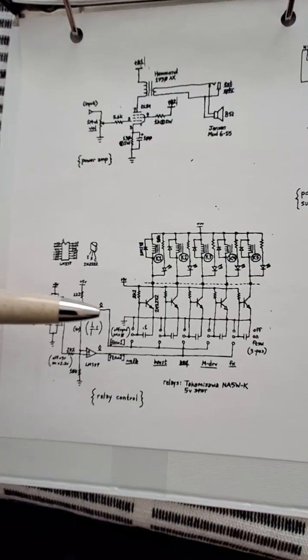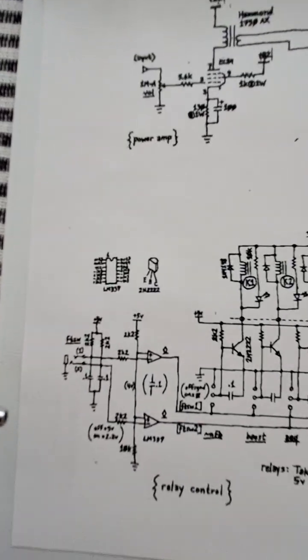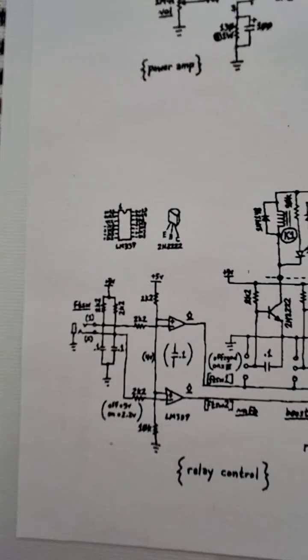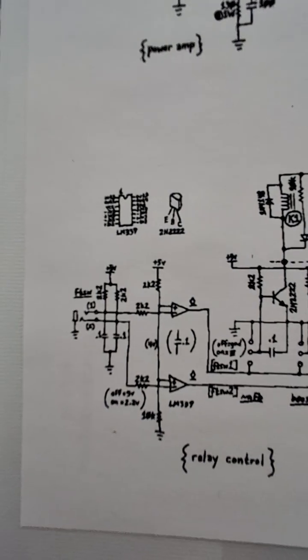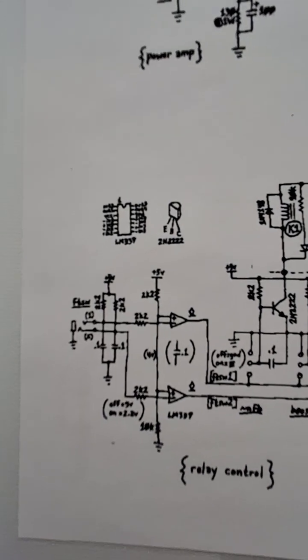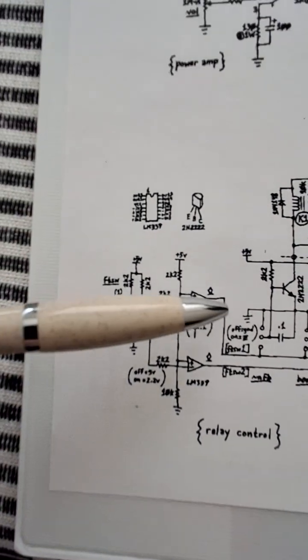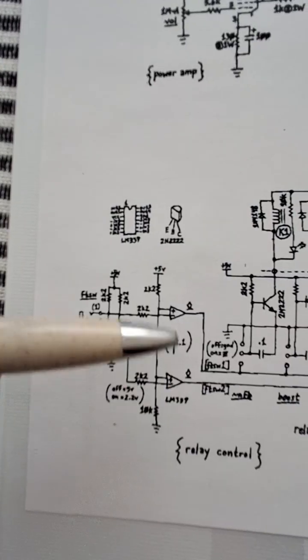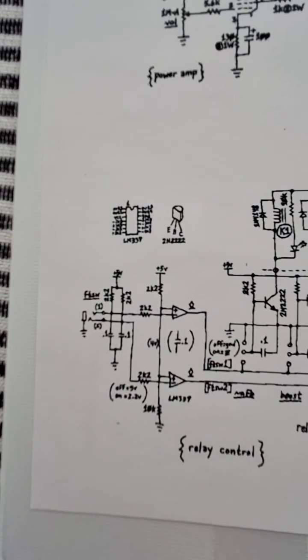The foot switch circuit is this over here, which is an LM339 comparator, which has open collector outputs. They're either floating or pulling down to ground.